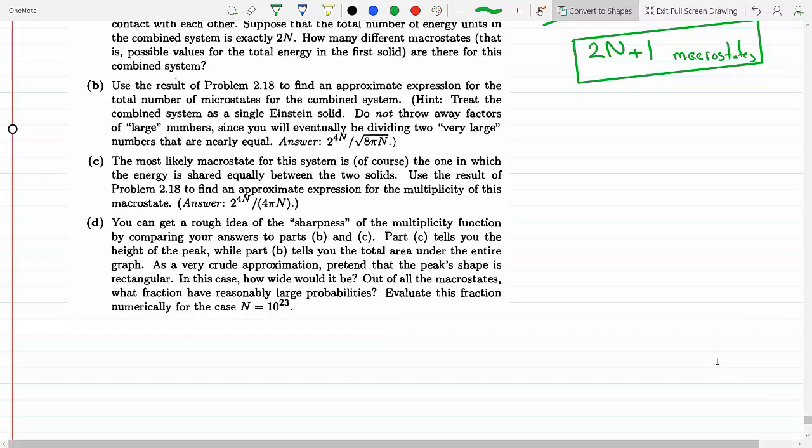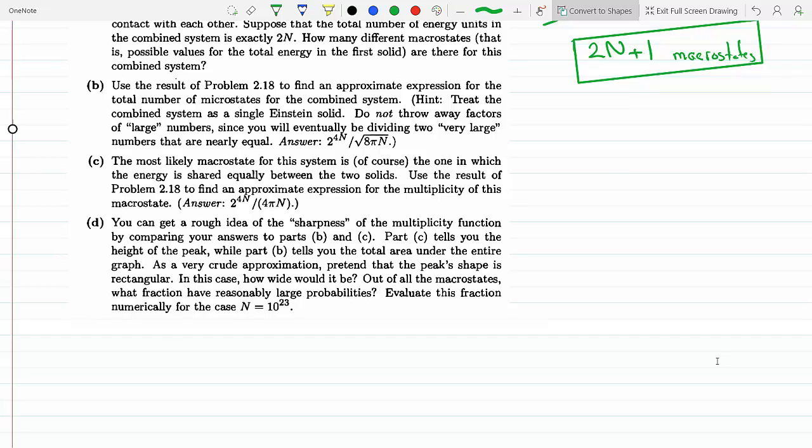Part B, it says use the result of problem 218. I will probably record a different video to prove the formula for 218 when I get around to it, but for now we're just going to use it, and we have to use that result to approximate the expression for the total number of microstates for the combined system.